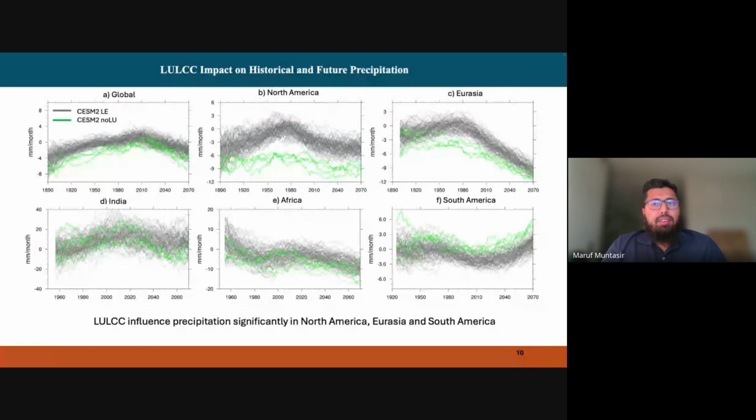Actually, the trajectory is very flat. Whereas the LU runs, which are the gray lines, show an increasing trend after 1920. And the same pattern happens in Eurasia. Next slide, please.